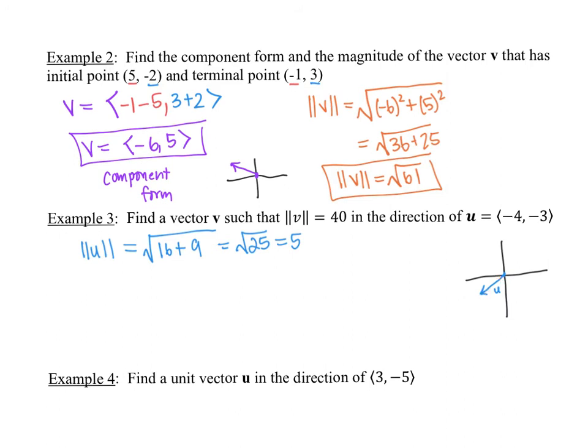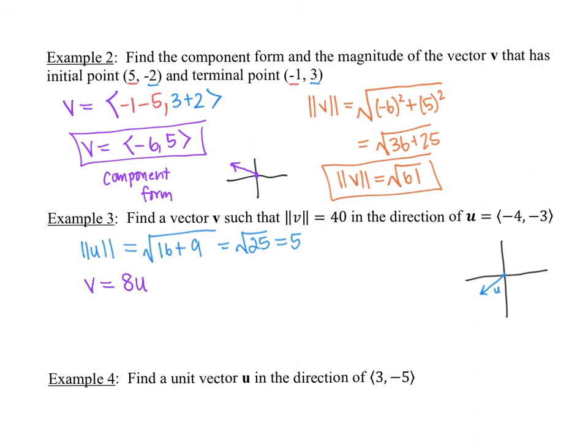I want the magnitude of v to be 40, but I want it to go in the exact same direction. So what that tells me is, this is 5, I want it to be 40. I want it to be 8 times as long as u. Okay, the magnitude of u is 5.